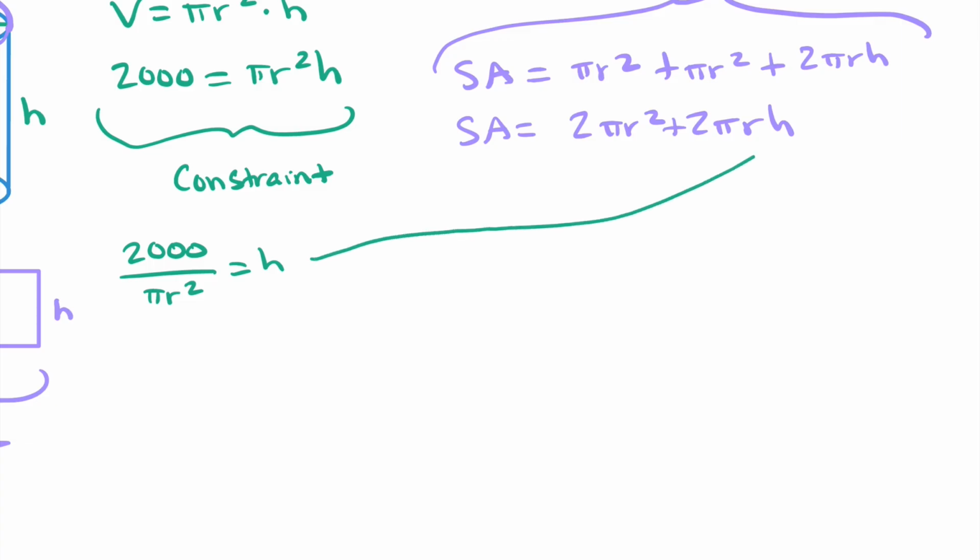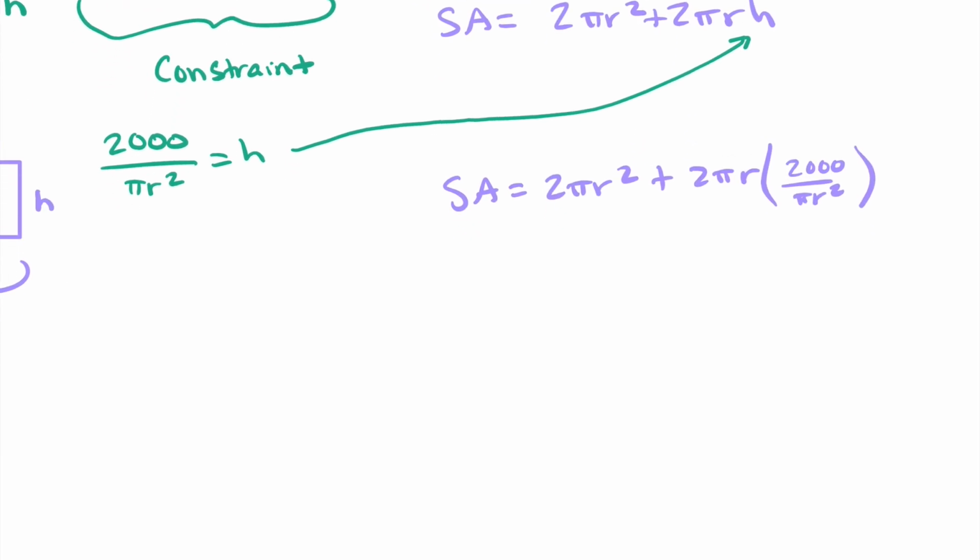We take this and we substitute it in here. So my new optimization function, 2 pi r squared plus 2 pi r times 2,000 over pi r squared. I can clean this up a little bit.